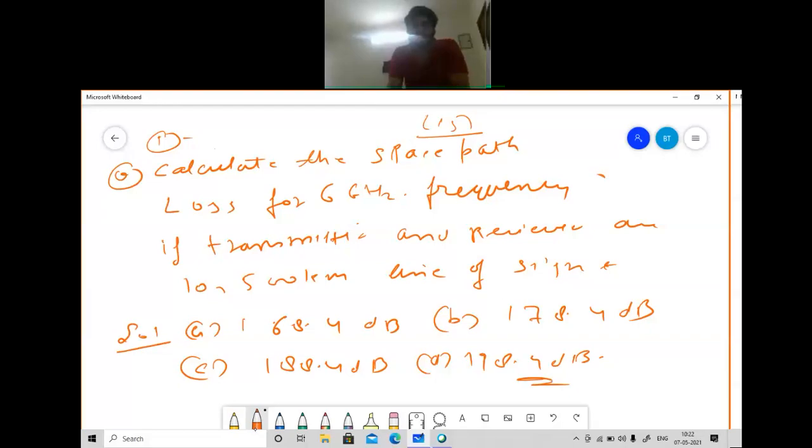Distance is given as 10,500 kilometer, and you have to calculate LS. Please try, give me the options you are getting. A option is 168.4, B option is 178.4, C is 188.4, D is 198.4.